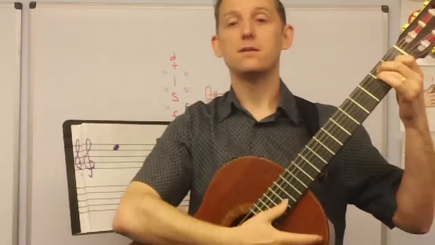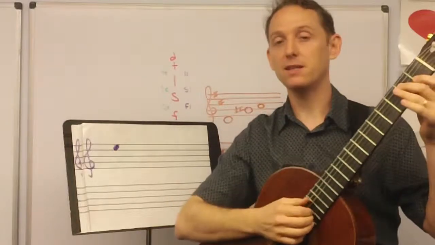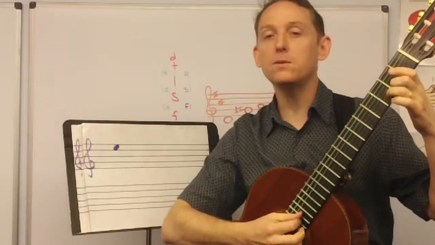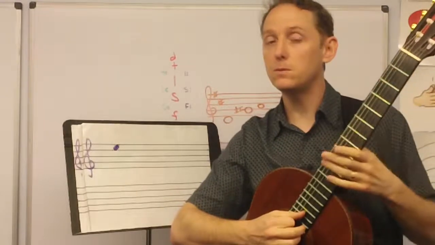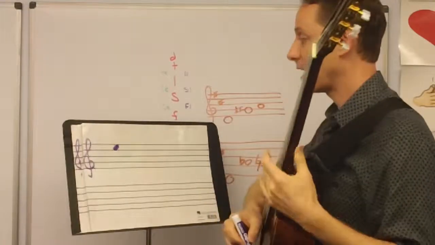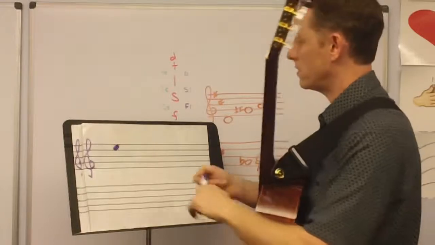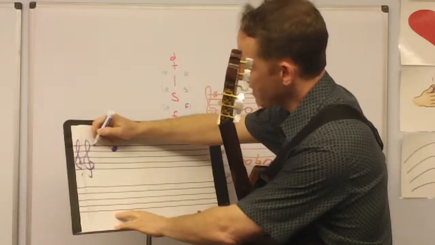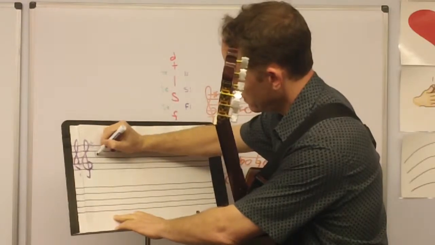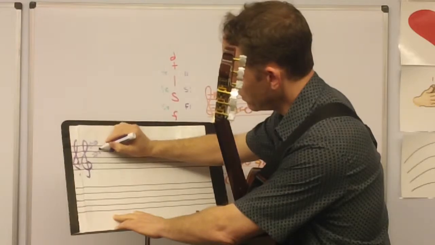Your next one is in the key of E major. Listen. Pause and write. And here's your answer. First of all, E major, you'll need to write 4 sharps, F sharp, C sharp, G sharp, and D sharp.